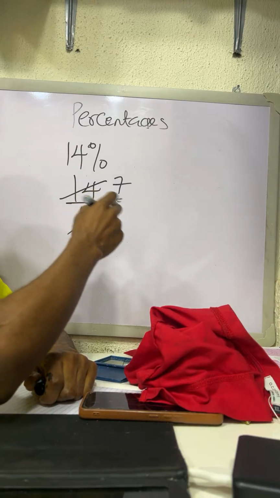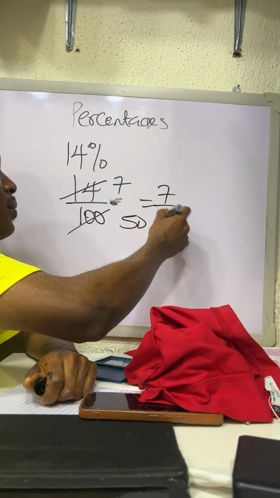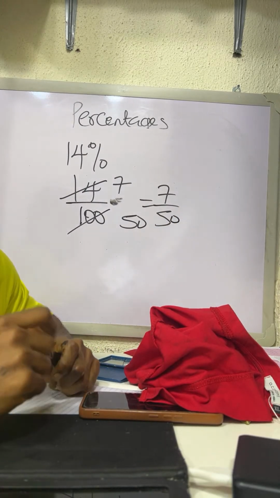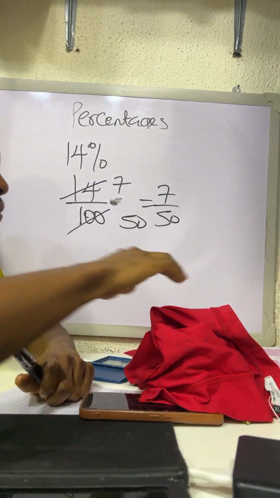If you divide 100 by 2, you get 50. So the answer is 7 out of 50. It is very, very simple, right?